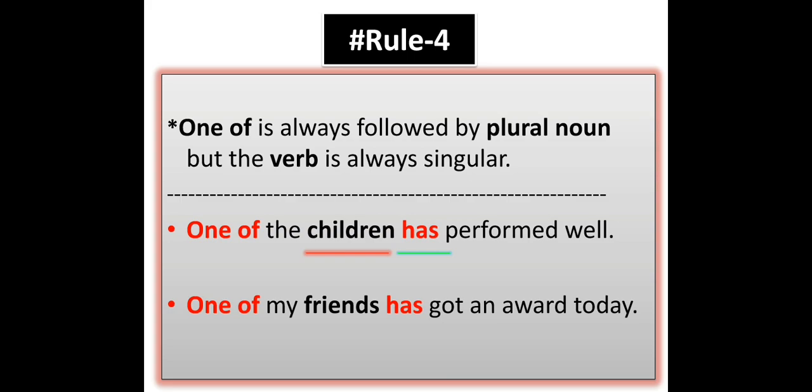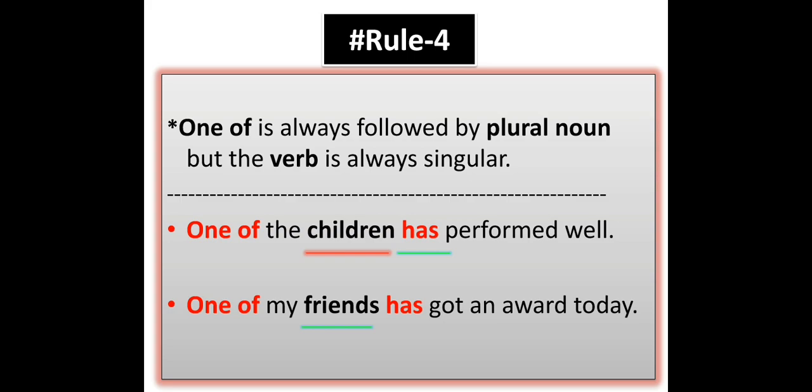I have seen many people who use a singular noun after one of, like one of my friend, or one of my favorite book, but that's wrong. Okay, so remember this, one of my friends has got an award today. Here you see friends is in plural, as I am talking about one of my friends.